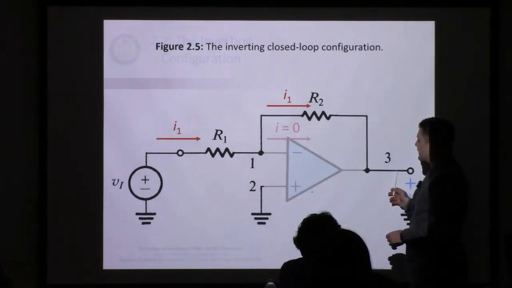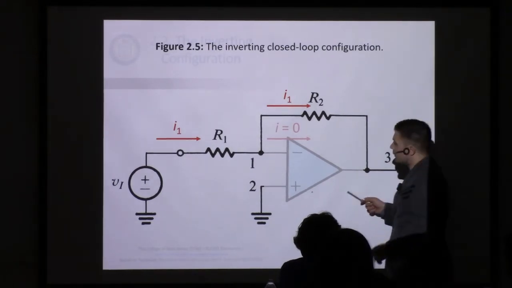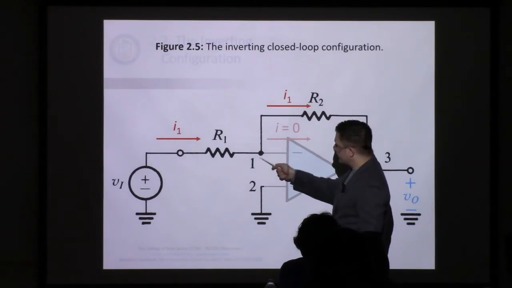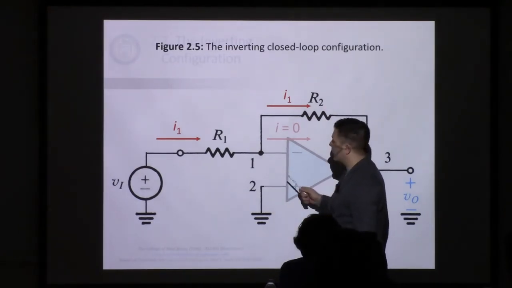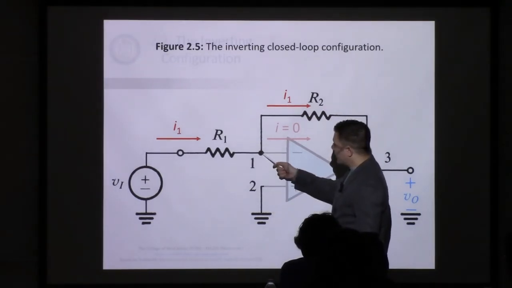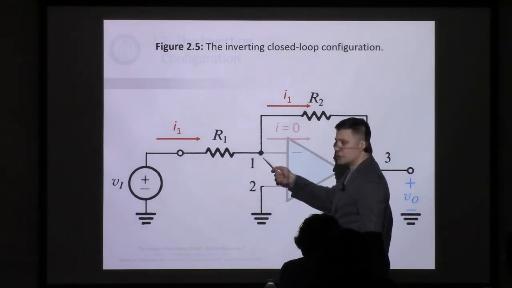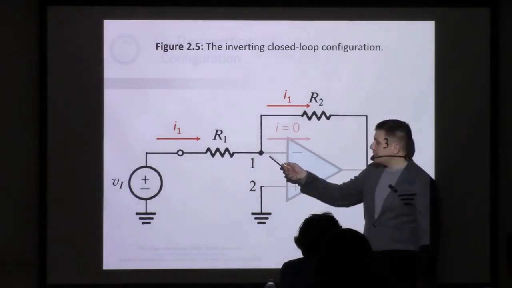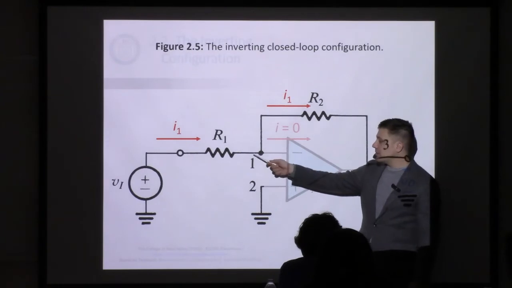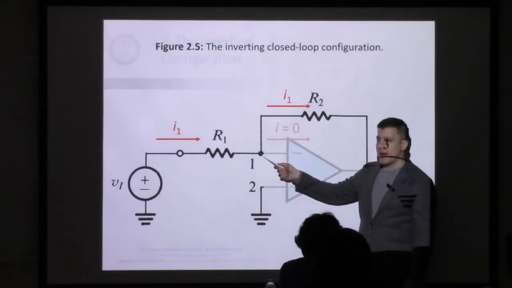So again, we know there's a virtual short here because of what we said about the output having to be finite. So V1 and V2 are at the same potential, but there is not a short here. There's a difference. What that means is current cannot flow along this path.